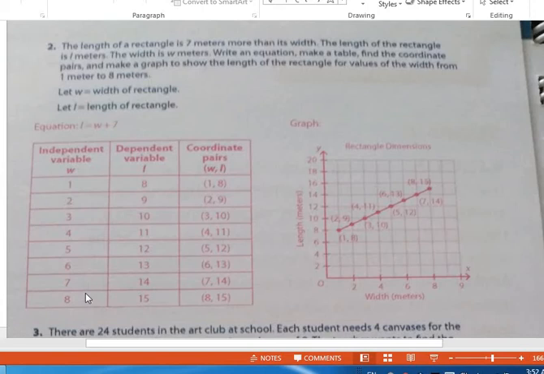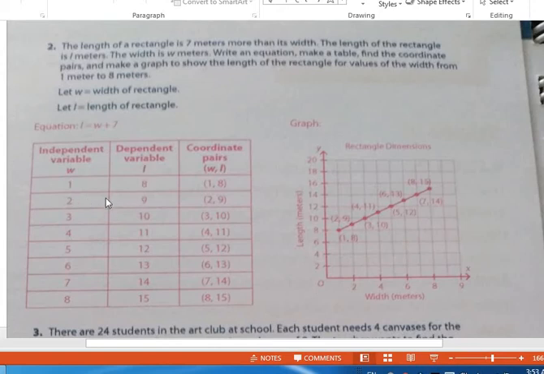What is the dependent variable? The length. So the length equals what? The width, 1, plus 7. So 1 plus 7 is 8. The length will be 8 for the first one.